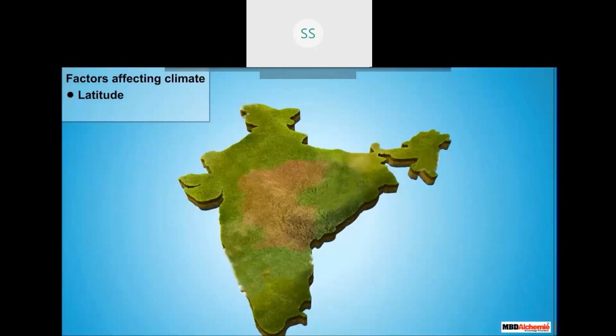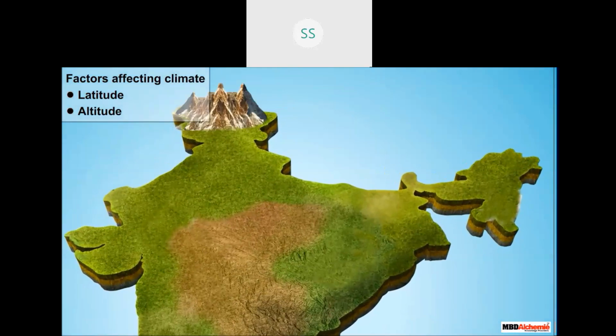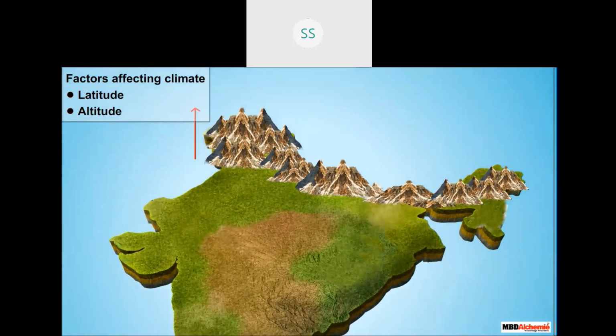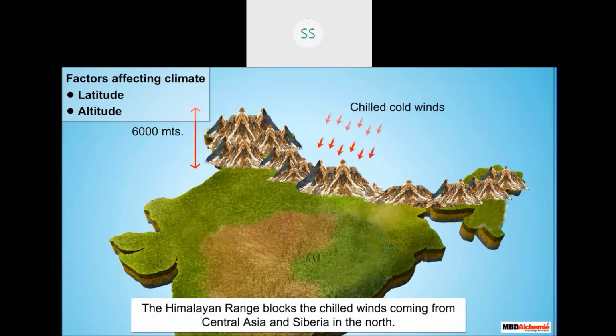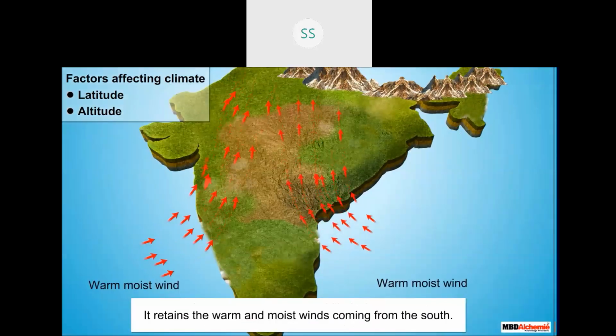Now let's see how the altitude of the Indian landmass influences its climatic conditions. The Himalayan range standing north of India has an average height of 6,000 meters. This range extends from northwest to northeast of India. It stops the winds from Southeast Asia and Siberia, and it retains the warm winds which are coming from the south.